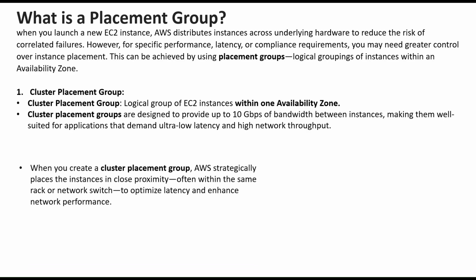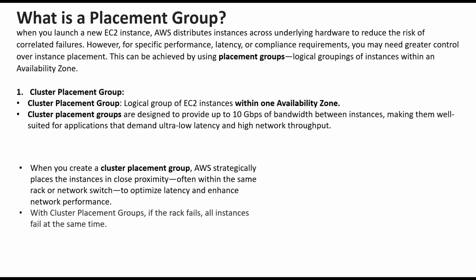When you create a cluster placement group, AWS strategically places the instances in close proximity, often within the same rack or network switch, to optimize latency and enhance network performance. If you see what happens when you create the cluster placement group, all EC2 instances will launch in only one rack, or one switch.